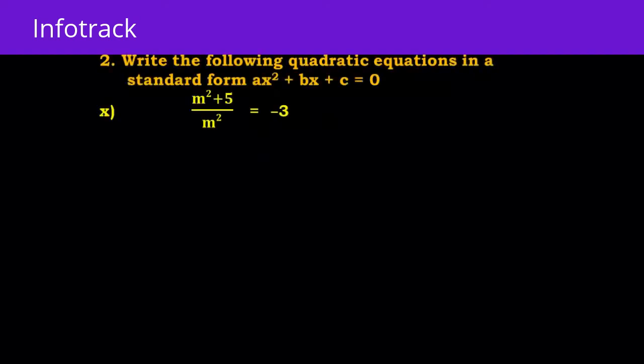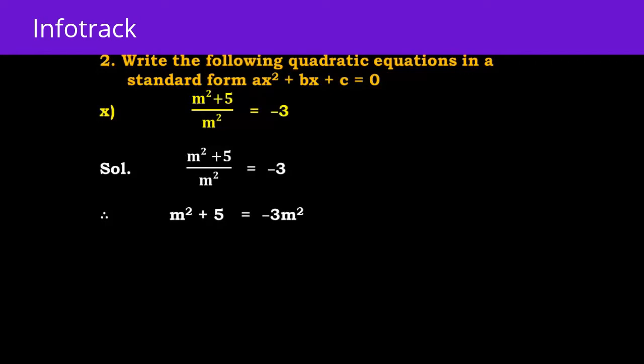In the same question, now we are going to solve the next one. m square plus 5 upon m square is equal to minus 3. We have to convert this into standard form. The denominator m square is not required, so multiply throughout by m square. We get m square plus 5 is equal to minus 3m square.